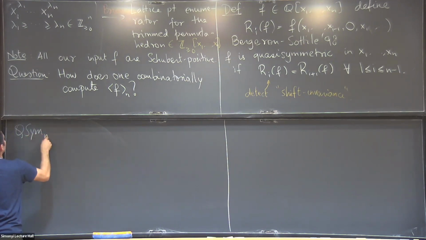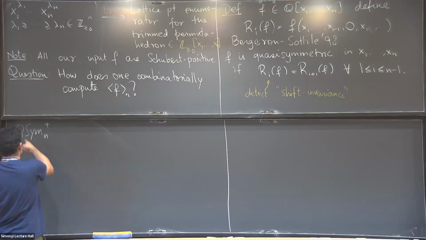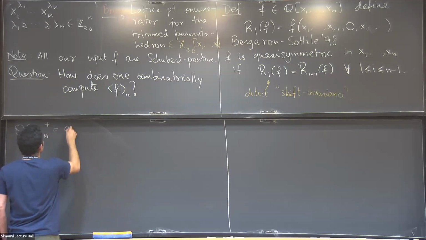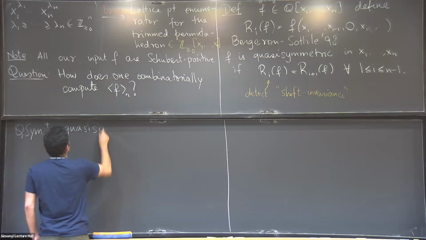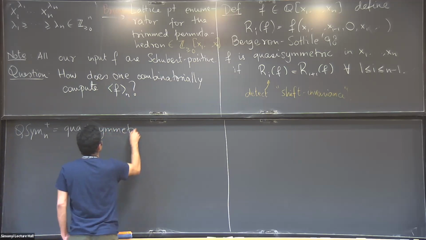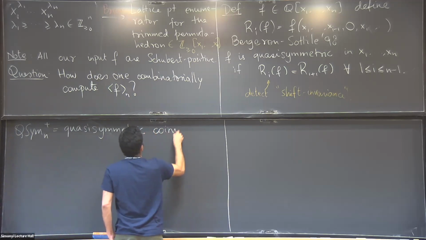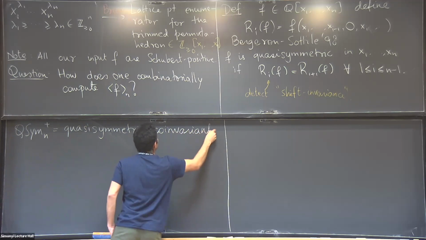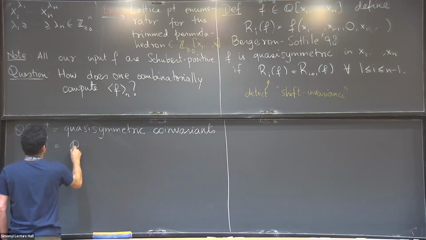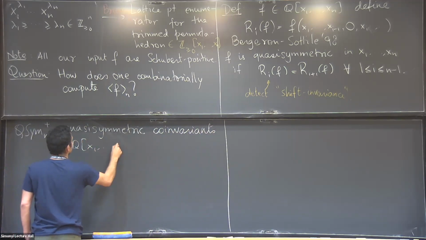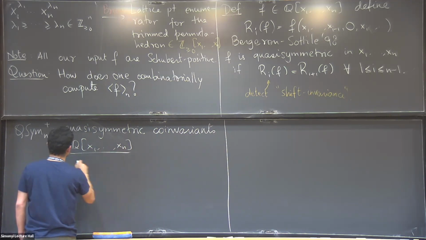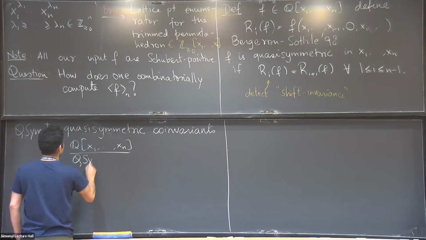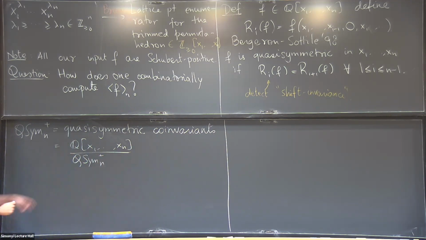Okay, so here's the algebraic object whose geometry Hunter shall talk about tomorrow. Define QSym_n, the quasisymmetric coinvariant algebra, as the polynomial quotient. So this is going to be polynomials in n variables, and then I quotient out by this here.